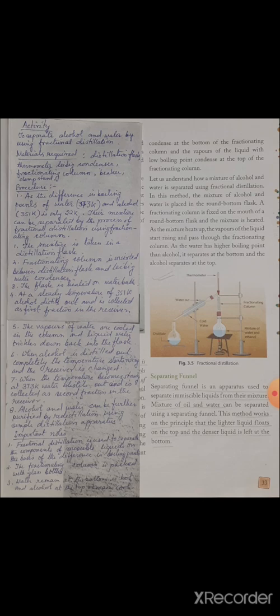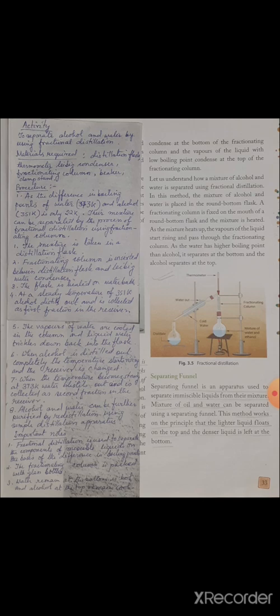Now the next method we are using is the separating funnel. A separating funnel is an apparatus used to separate immiscible liquids from their mixture. Immiscible means the liquids which do not dissolve in each other. A mixture of oil and water can be separated using a separating funnel.